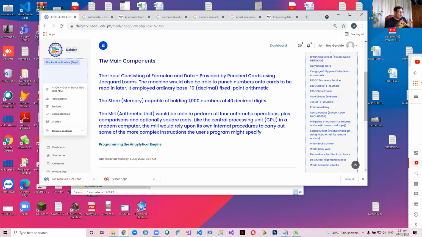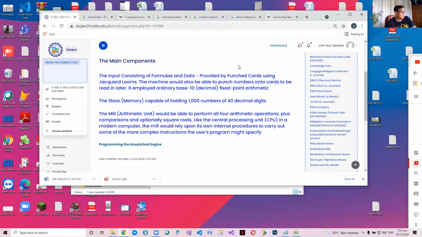So the program is a series of punch cards using the Jacquard's loom. Do you follow? So you run the program, you run the loom from left to right, you're actually running a program. The machine would also be able to punch numbers into the cards to be read later. So it can really store values to the cards.